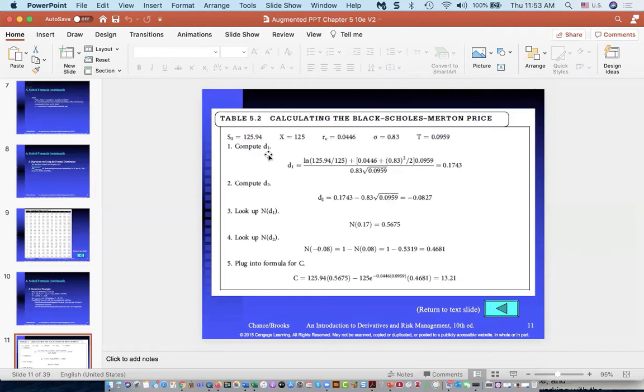Then you compute D1, which is ln of S sub 0 over X, plus RC, which is 0.0446, plus 0.83, which is sigma, to the power 2, divided by 2, times T, 0.0959, and then divided by 0.83 root 0.0959.